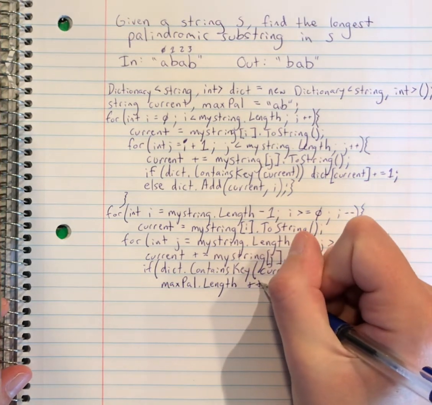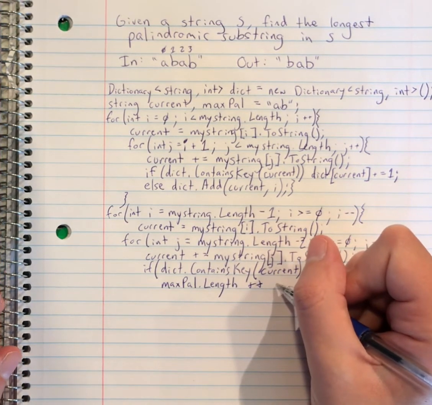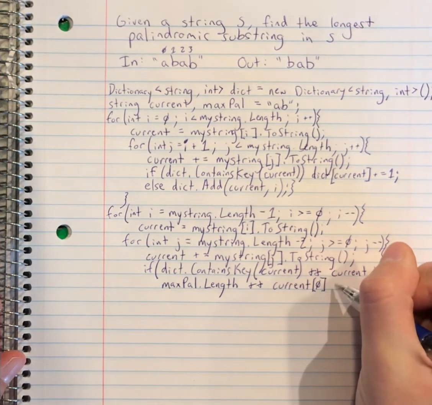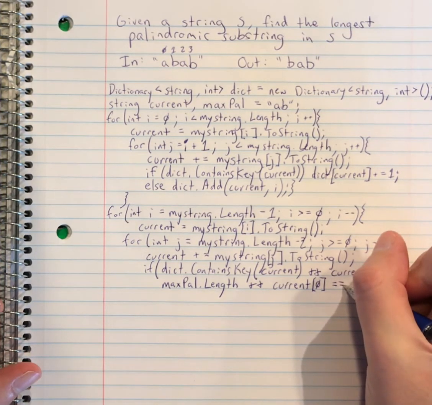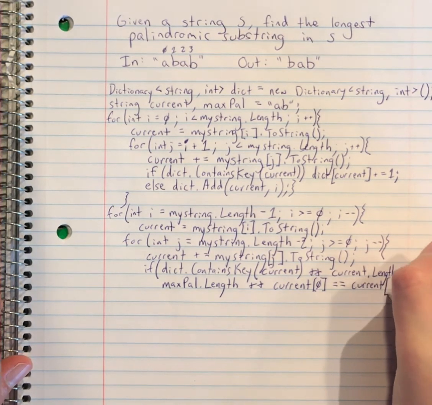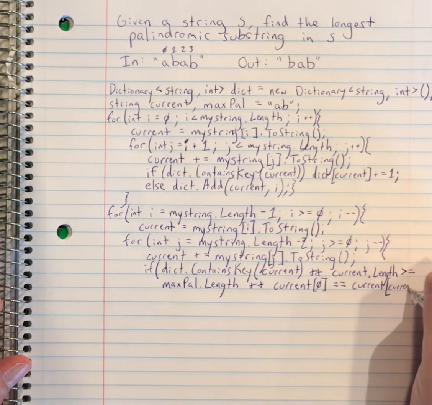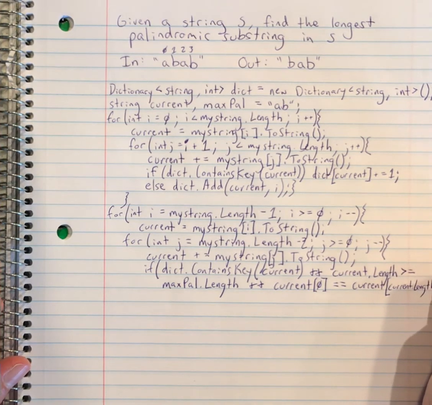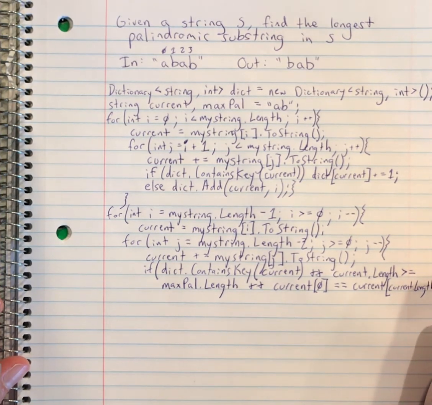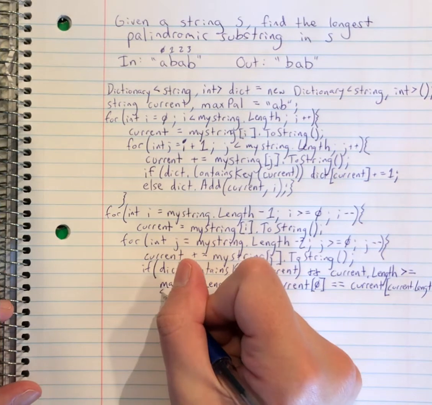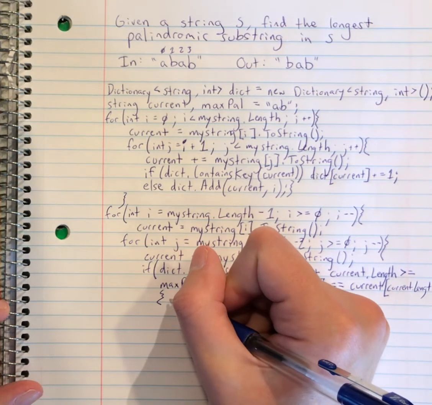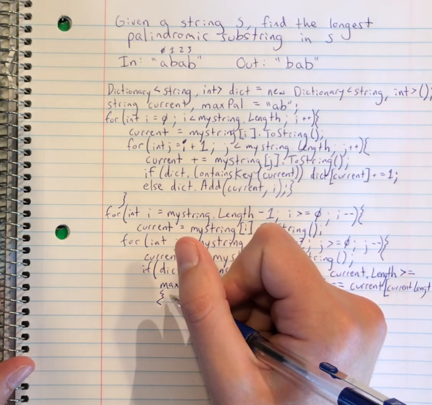And the first element of current matches with the last element of current. Close off that if. So if all those things are true, then we need to update maxPal because we've just found a longer palindrome.